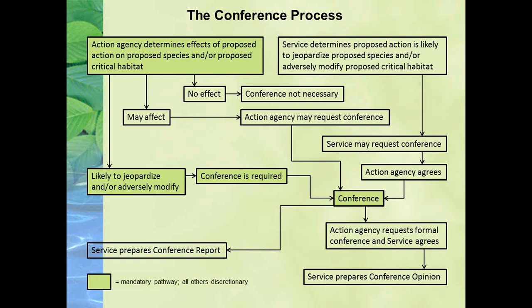This is consistent with the regs. And if you read the regs on conferences, I think it's 402, I want to say 12 or 11. But it's only like one or two columns of text, in a Federal Register format or CFR format. But this is what it says. This is what conferencing is about.